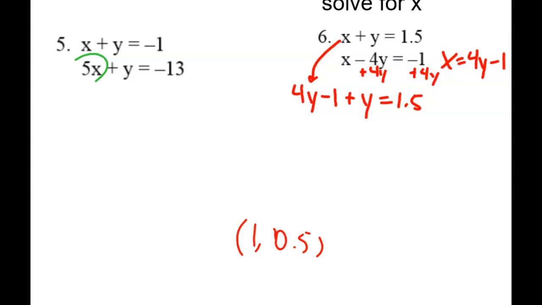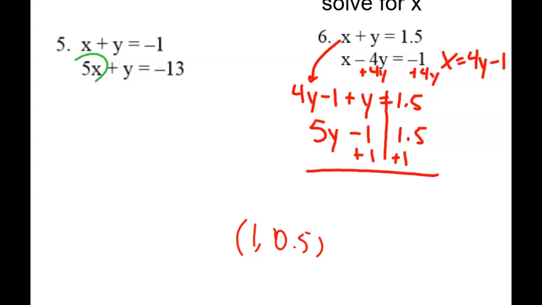Okay? How many y's do I have altogether on the left side? 5. 5y minus 1 equals 1.5. Now what do I have to do to move my 1? Add 1 to both sides. Okay?